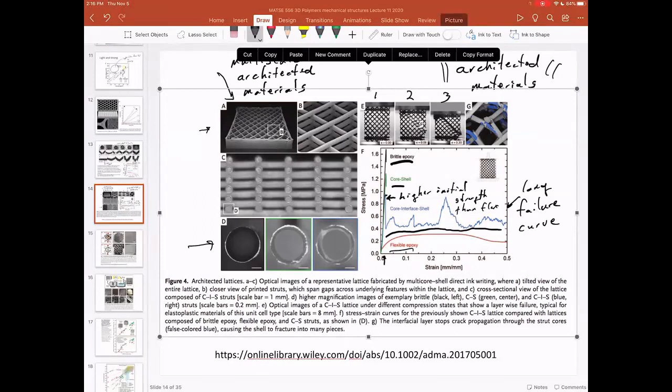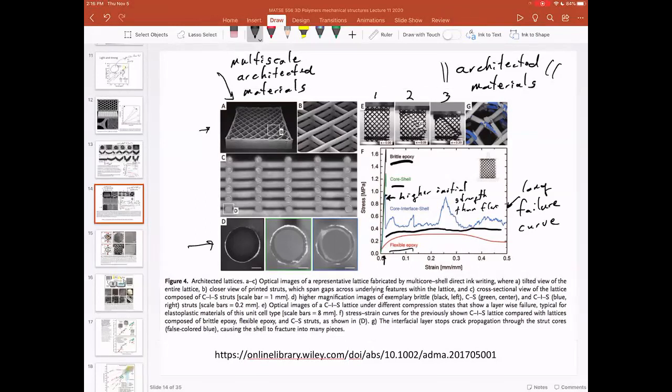We might call this hierarchical assembled materials or something like that. So things like nacre, things like bone, things like skin, they have a multi-scale architecture of sometimes it's different materials, sometimes it's a composite, but this is really how we get light and strong materials with outstanding properties that we just can't get from a single block of material.